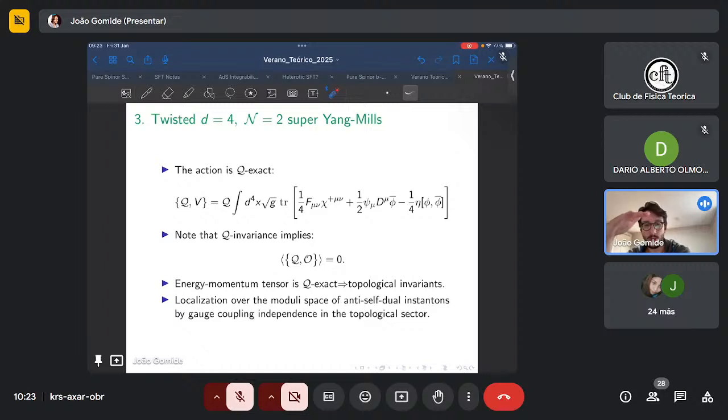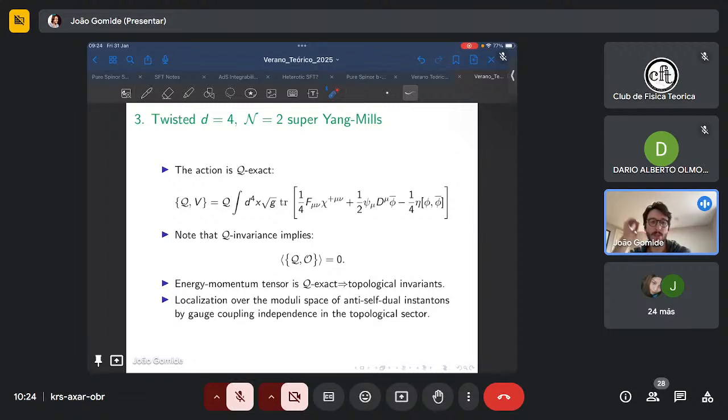But here, because you have this localization of the theory into this sector of the field configurations, it allows you to actually compute by hand these things which would be inaccessible through usual methods.